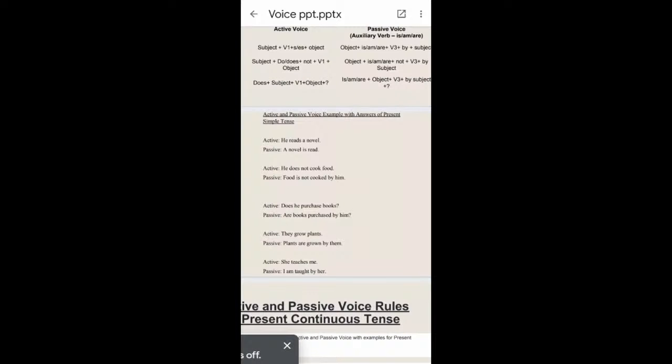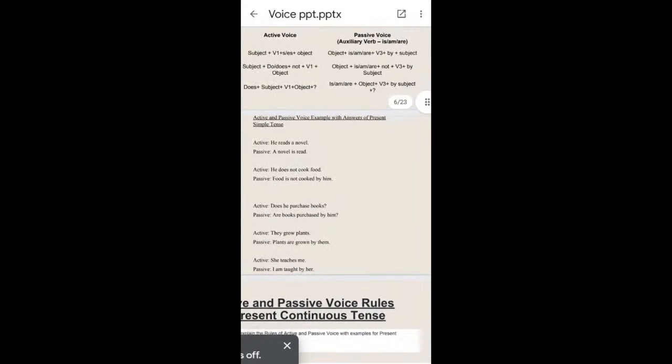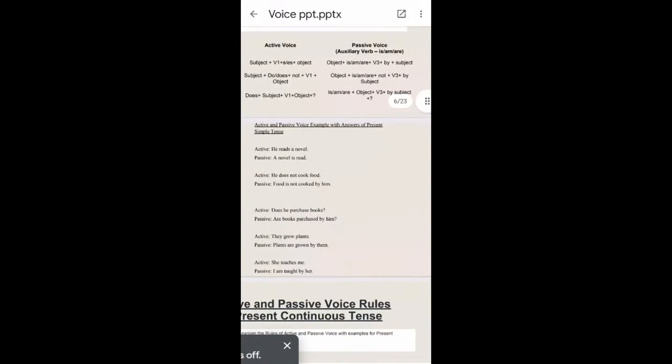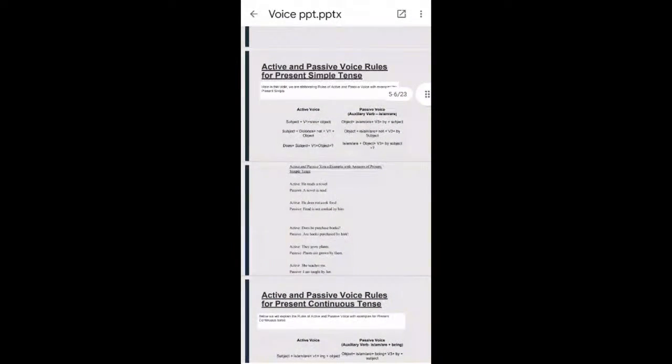Are books purchased by him? Are books purchased by him, you see here, the last rule, passive voice, last rule. That is how you are going to study, okay?